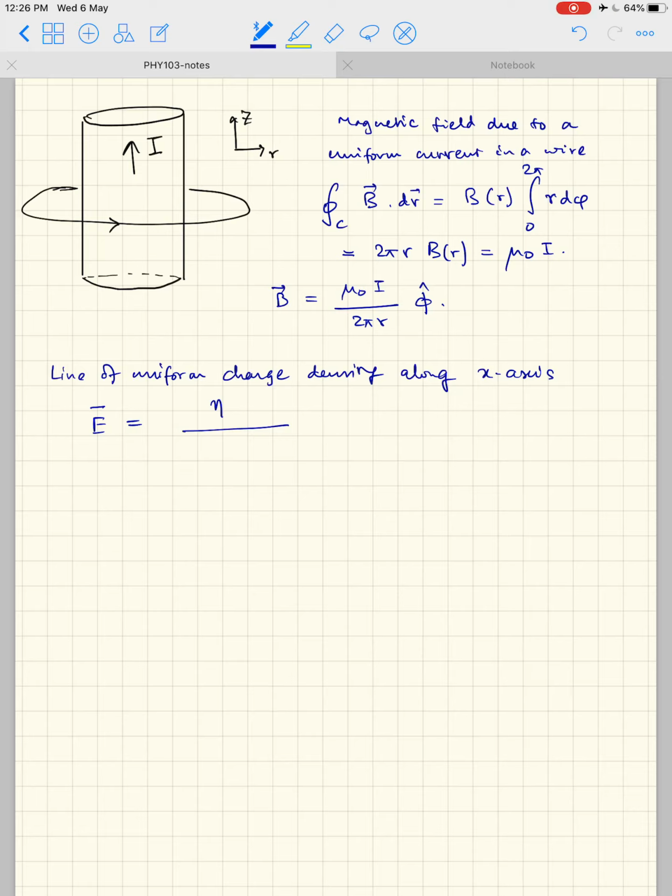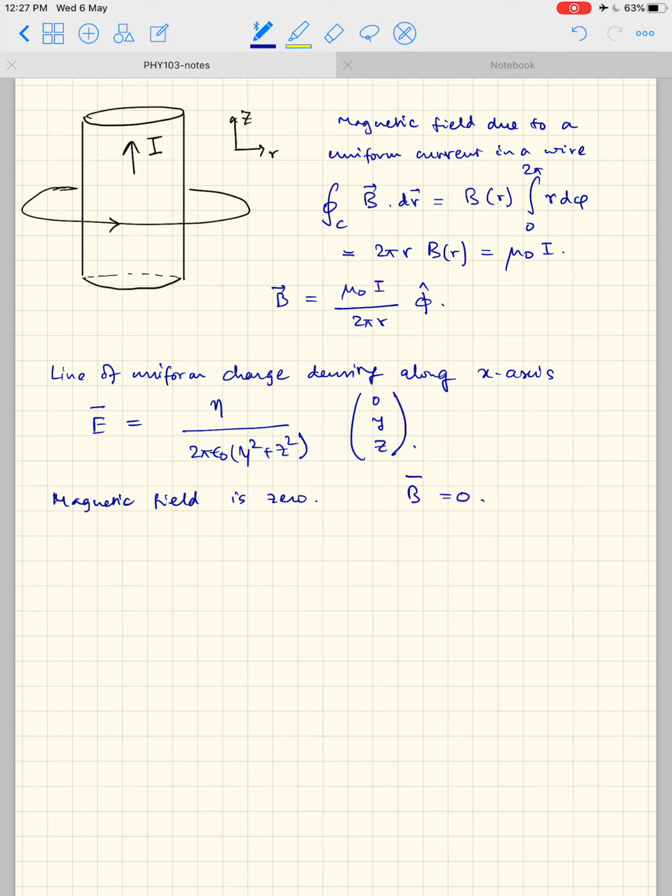The distance r is going to be just y squared plus z squared. So this is r cap, so this is the electric field, and the magnetic field here is 0, right? So B is equal to 0.